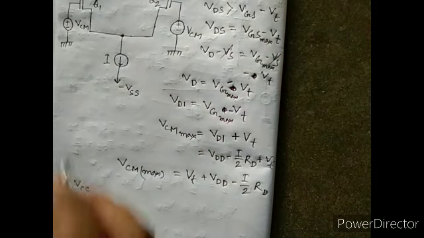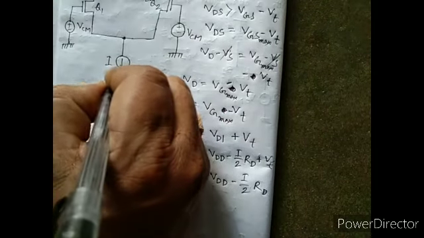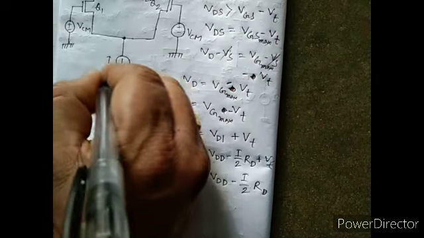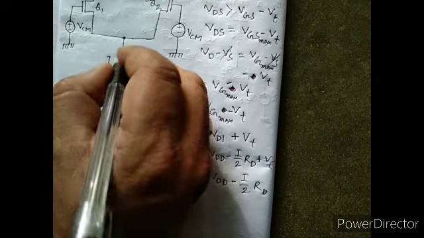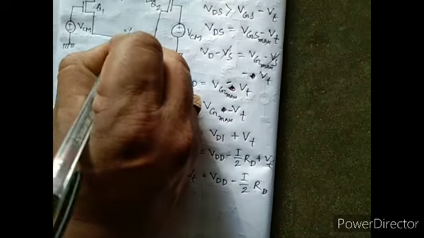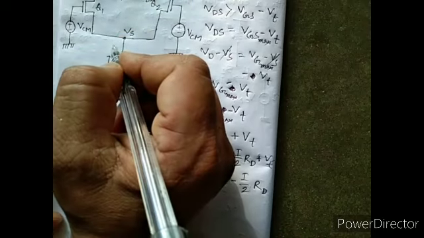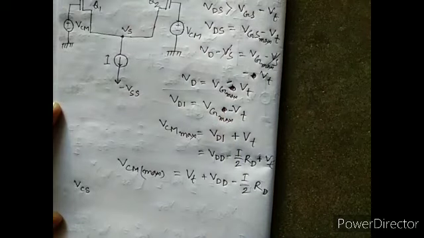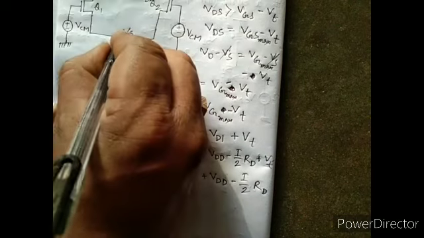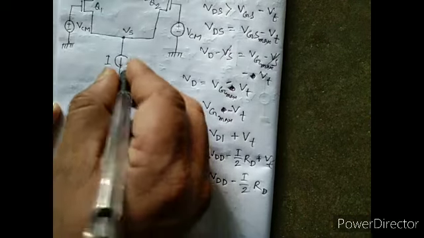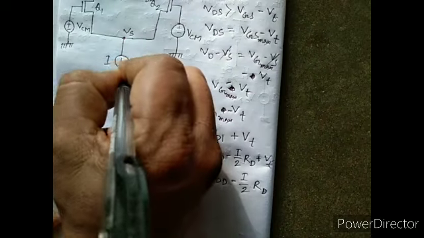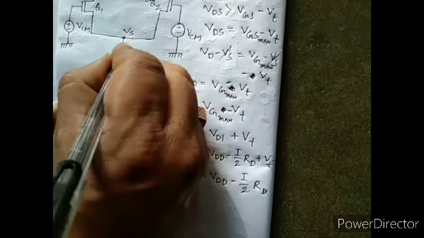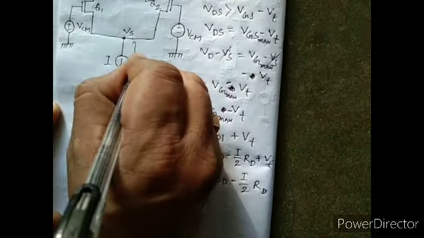So the potential drop across here is VCS.